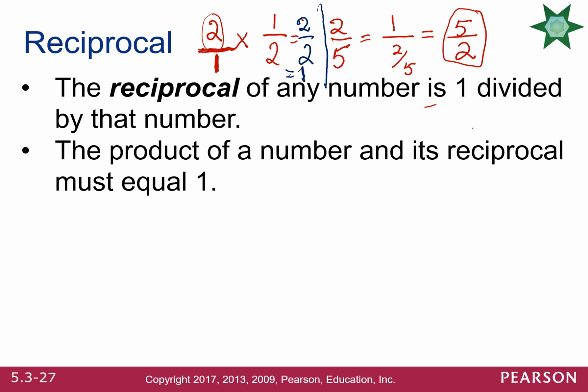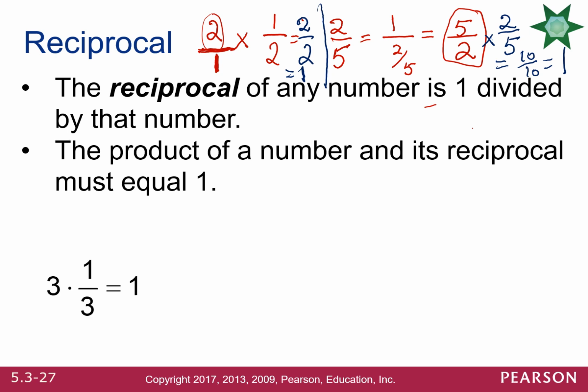The same thing here with 2 over 5: if we multiply 5 over 2 by 2 over 5, we end up with 10 over 10, which gives us an answer of 1. So whenever you multiply two reciprocal values, you will always get an answer of 1.